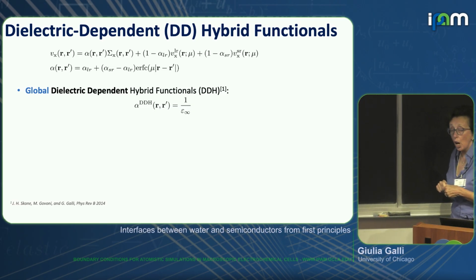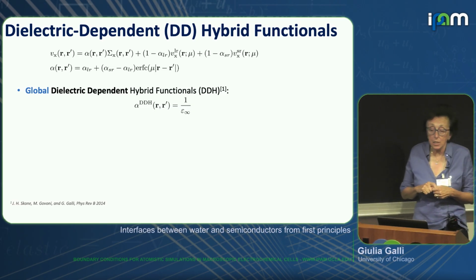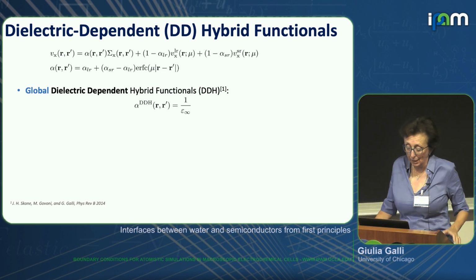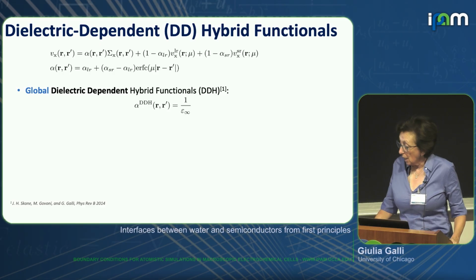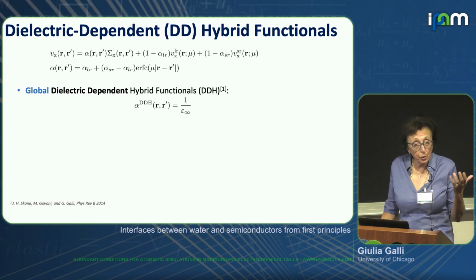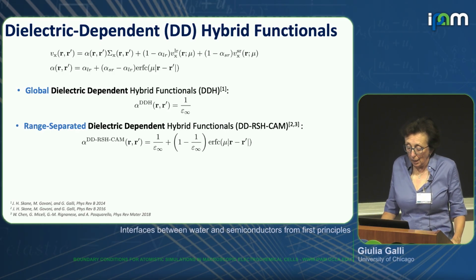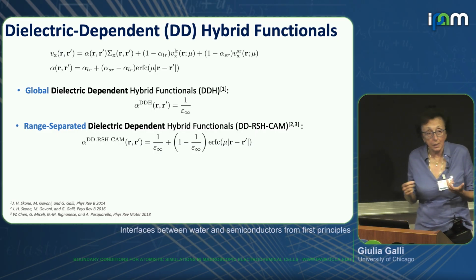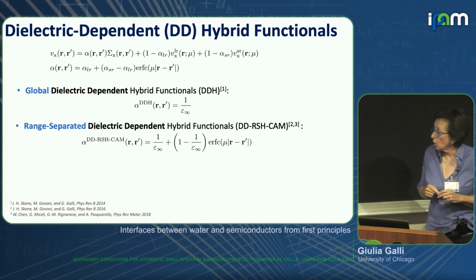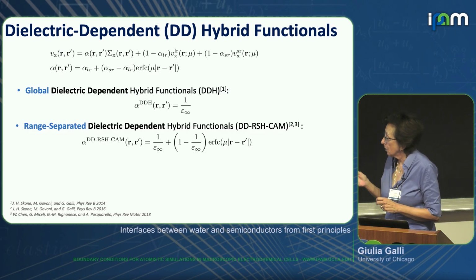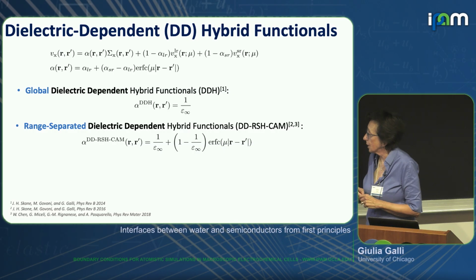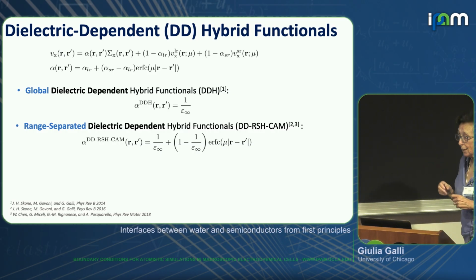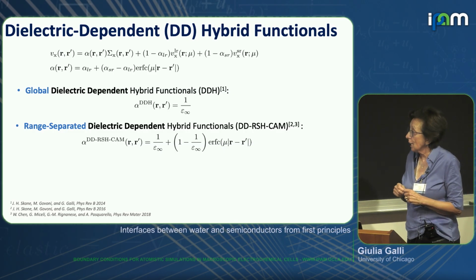And actually for many non-metallic solids, as you can imagine, it does a decent job for band gaps, for example. You can have a range-separated version that has been developed by us and also further developed by the group of Alfredo Pasquarello. And you can get decent results.